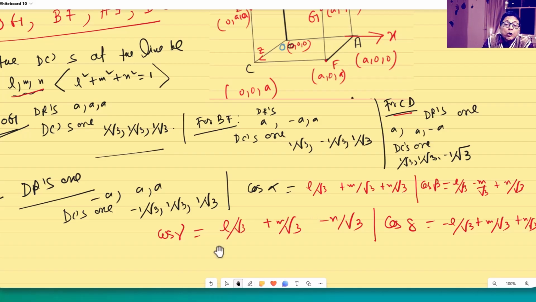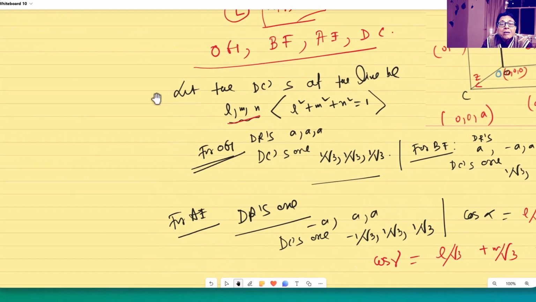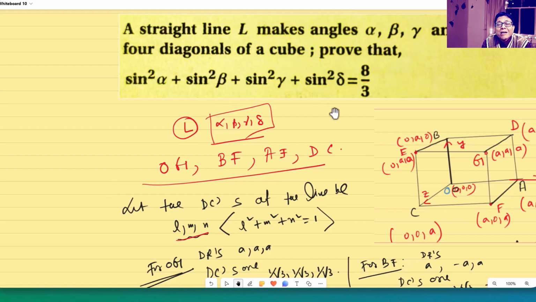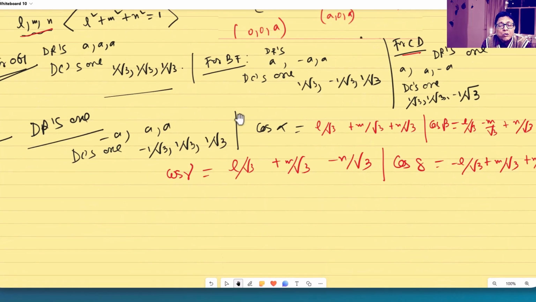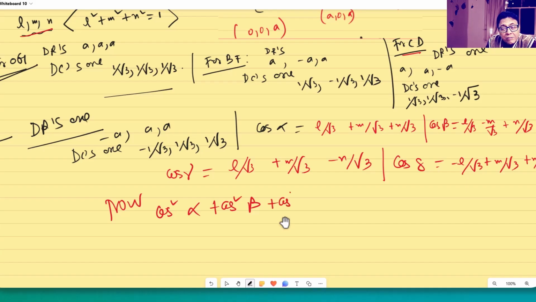Now we are going to prove some of their squares. Oh my God, sine square they have given. Whatever, we got cos. From there we can write sine. Now, let's see what happened for cos square alpha, cos square beta, cos square gamma, cos square delta.